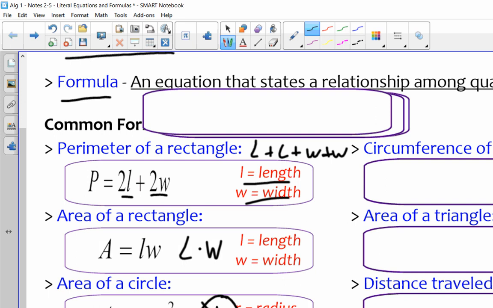So a radius is just from the center out to any point on the edge. If you think about it, I could draw a bunch of radiuses. They all need to be the same length. Pi is a relationship between the radius and the circumference of a circle, and we use 3.14 as an equivalence for pi. Okay.